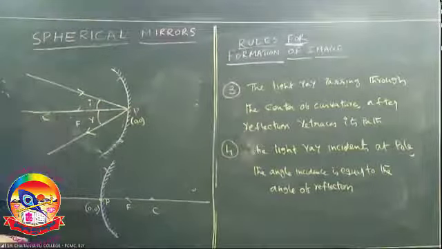This is true only when angles are small. So PC into theta is equal to PF into 2 theta. Theta cancels, so PC is equal to 2PF.